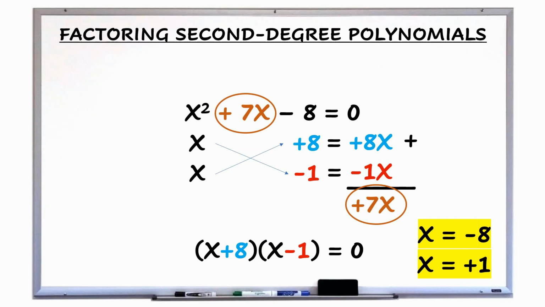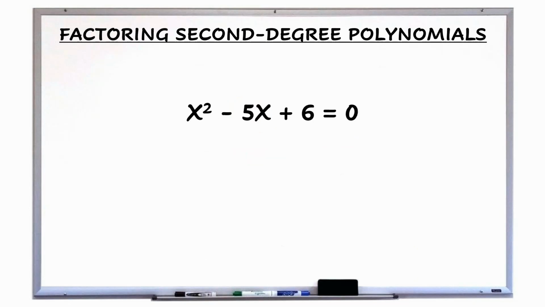If I want to double check my solutions, I can plug them in the original polynomial. So for example, x equals 1: 1 squared is 1, plus 7 times 1 is 8, minus 8 equals 0. I invite you to replace x with negative 8, and you will realize that the answer is going to be 0 as well.